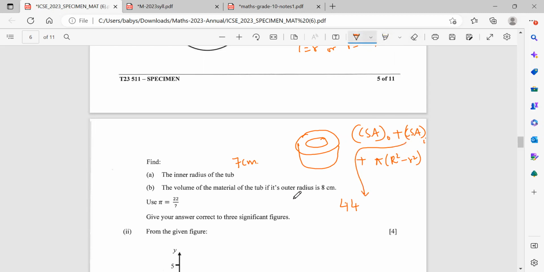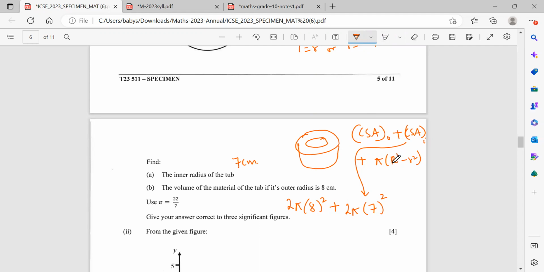And then CSA outer will be 2 pi R square. So the outer one will be 8 centimeters. 2 pi R square plus, this is not circumference, we don't need 2 pi small r square.